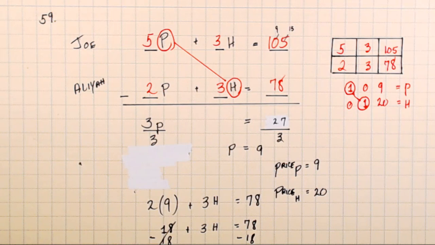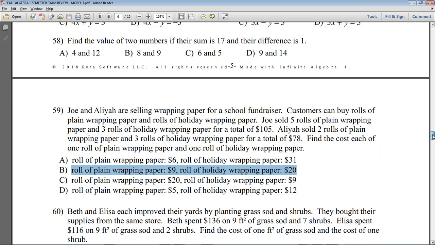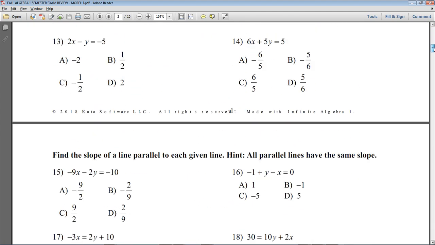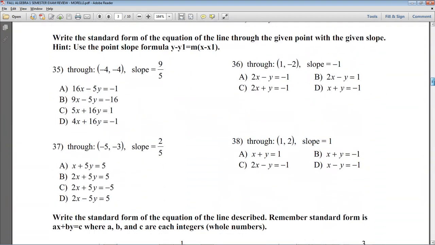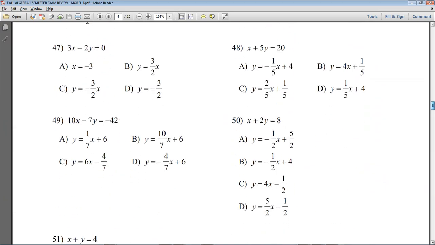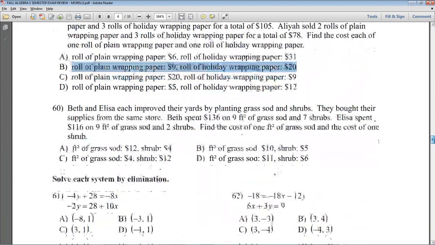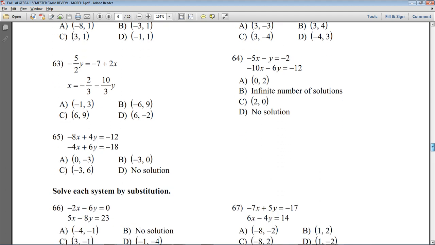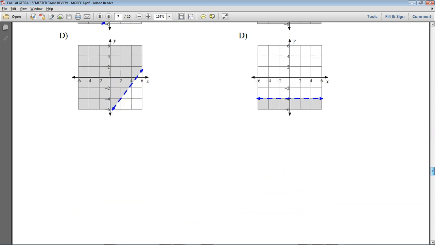Okay, so we have covered a lot of this review. We've covered all the way from this first section, second section, third section, fourth section, fifth, sixth, seventh, eighth, ninth, 10th, 11th, 12th. Now we've covered the 13th section. Next up, we'll solve each system by elimination. Then we'll solve by substitution, sketch the graph of the linear inequality.